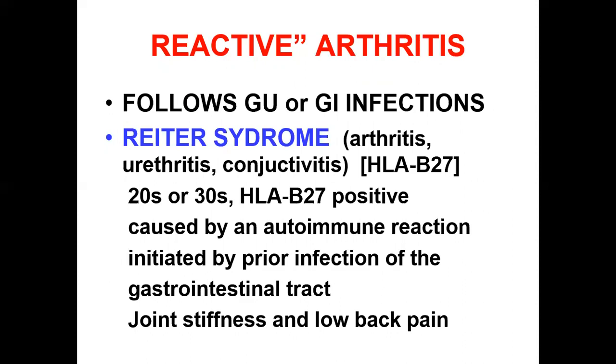Patients are HLA-B27 positive and they are often in their 20s or 30s. There is an autoimmune reaction initiated by prior infection of the GIT. So the patients feel low back pain and joint stiffness in Reiter syndrome.